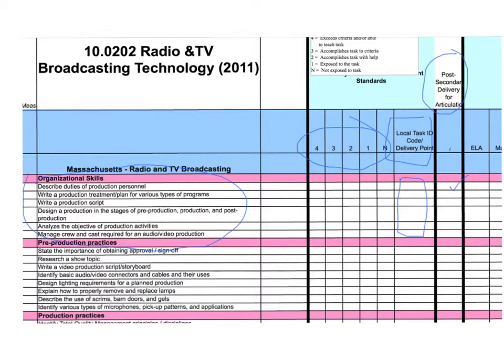Analyze the objective of production activities. That's in there as well. So the post-secondary person will go down your gap analysis and make sure that those standards that are in the programs they're articulating are checked off. And that's what you have to do for that.